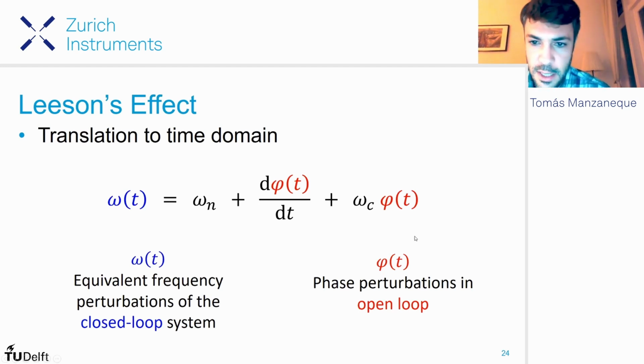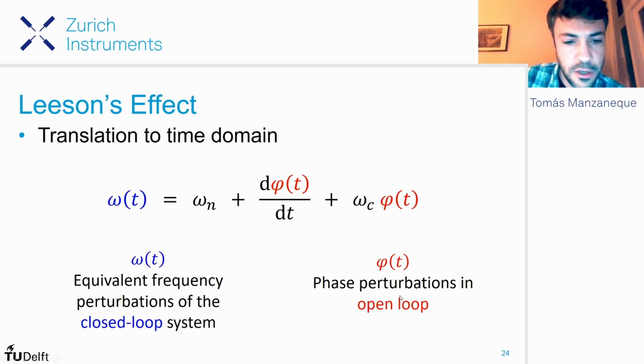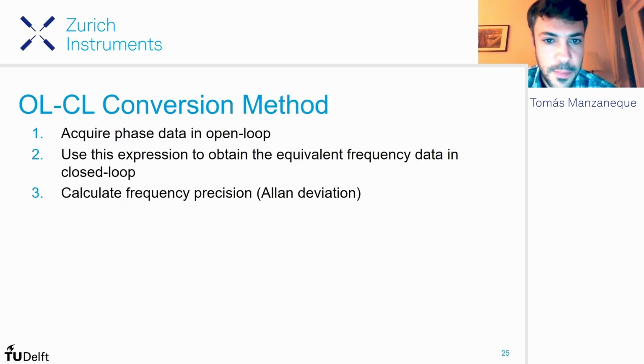And we see that in this relation, there is a proportional term, and there is also a derivative term. So based on this expression, we can propose a method to measure the perturbations in open loop, but from that inferring what is the Allan deviation in closed loop. And this is the method that I just described briefly here.